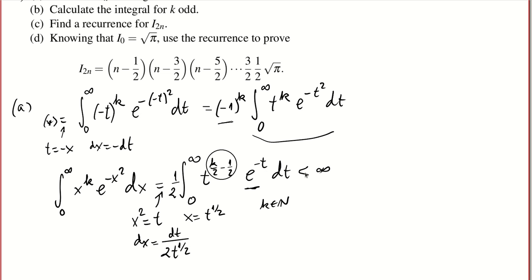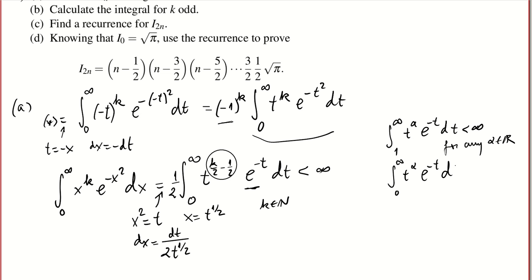All right, just for clarification, we have proven in theory that this integral here is convergent for any alpha real, positive or negative, doesn't matter. What I'm saying now is that if you include a 0, then you have to be careful, because this integral, if alpha is negative, is not only an improper integral because the upper limit is infinity, but also is improper at 0 because t to a negative power is divergent.